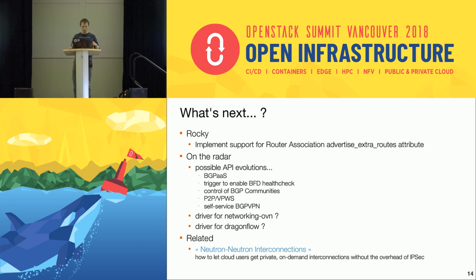Something which is related but not directly coupled to BGP VPNs is the Neutron interconnection proposal. You have a link at the end of this presentation if you want to read it. It's a proposal to let cloud users get private on-demand interconnections without the overhead of IPsec.